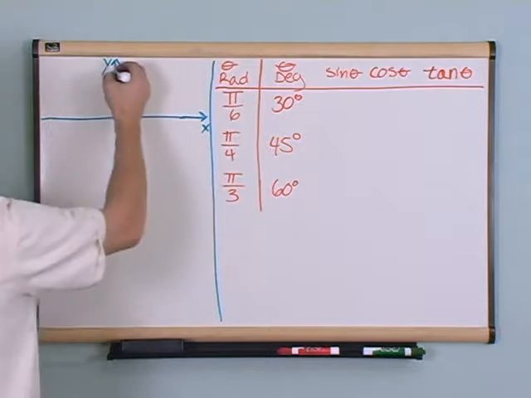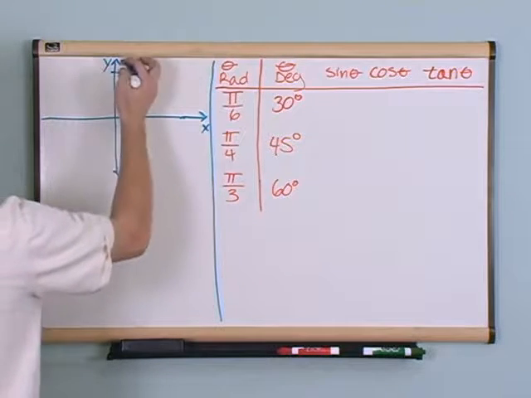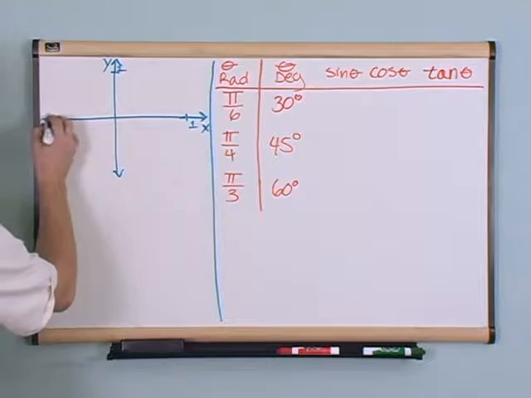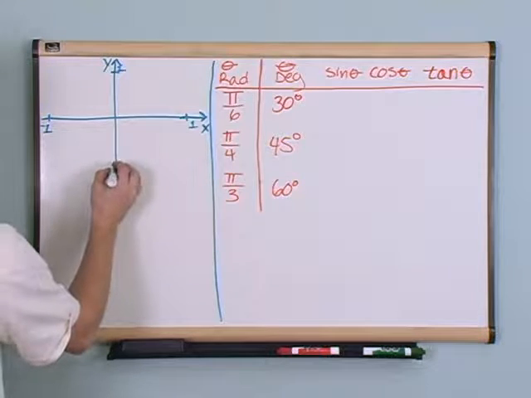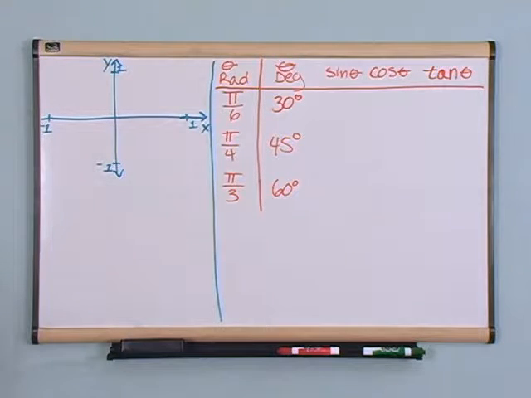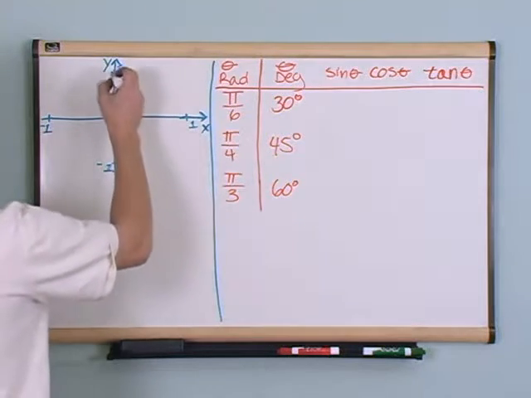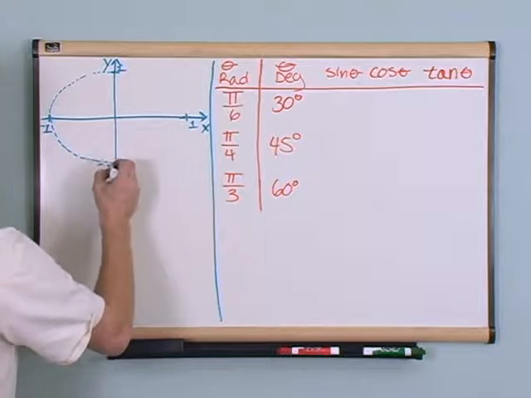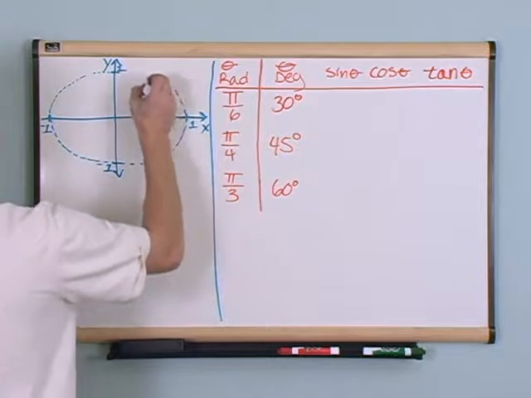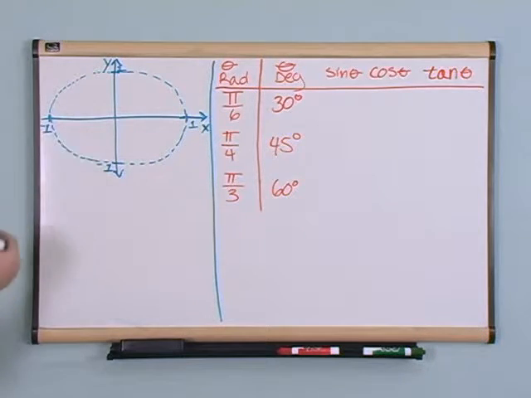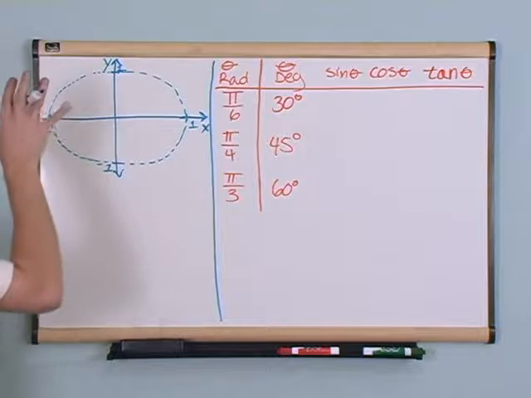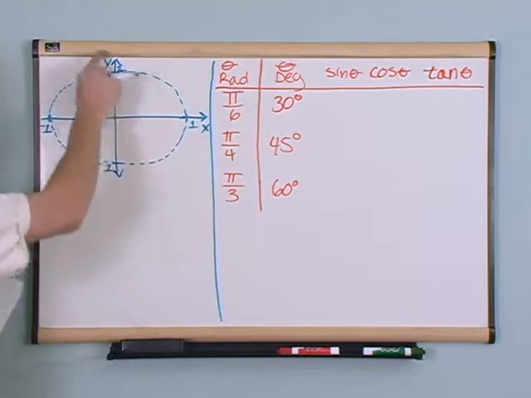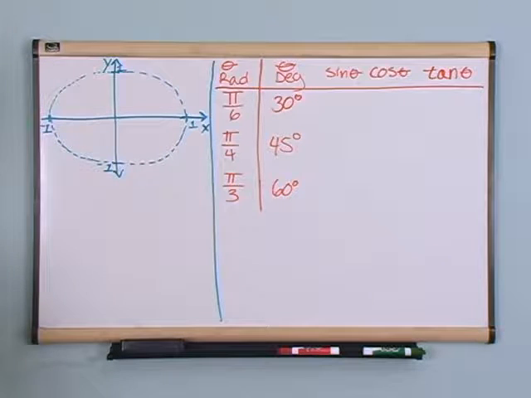Here this is positive 1, here positive 1, this is negative 1, and this is negative 1. I'm going to draw a circle that goes through all of these points. My circle looks a little bit more like an ellipse, but it's supposed to be a circle. The reason this is called a unit circle is because the radius is equal to 1, because I'm intersecting 1 everywhere I go.